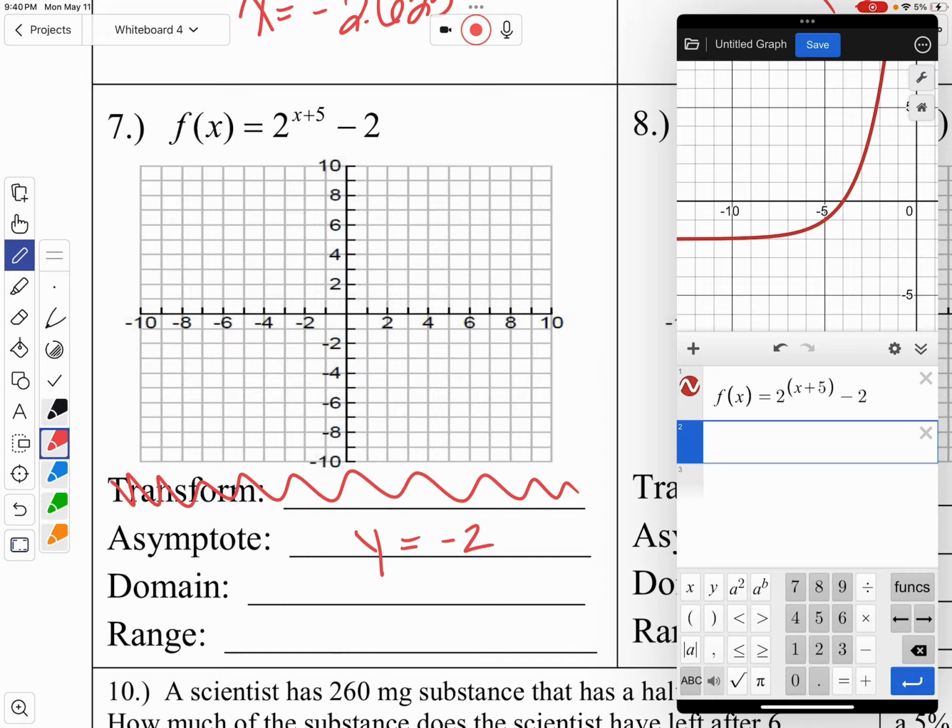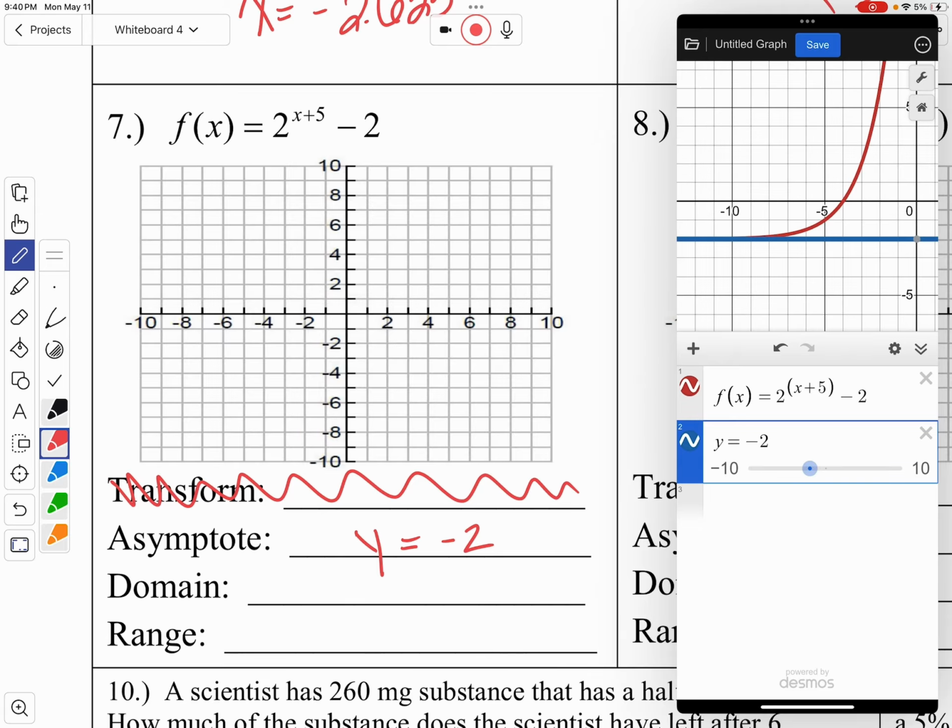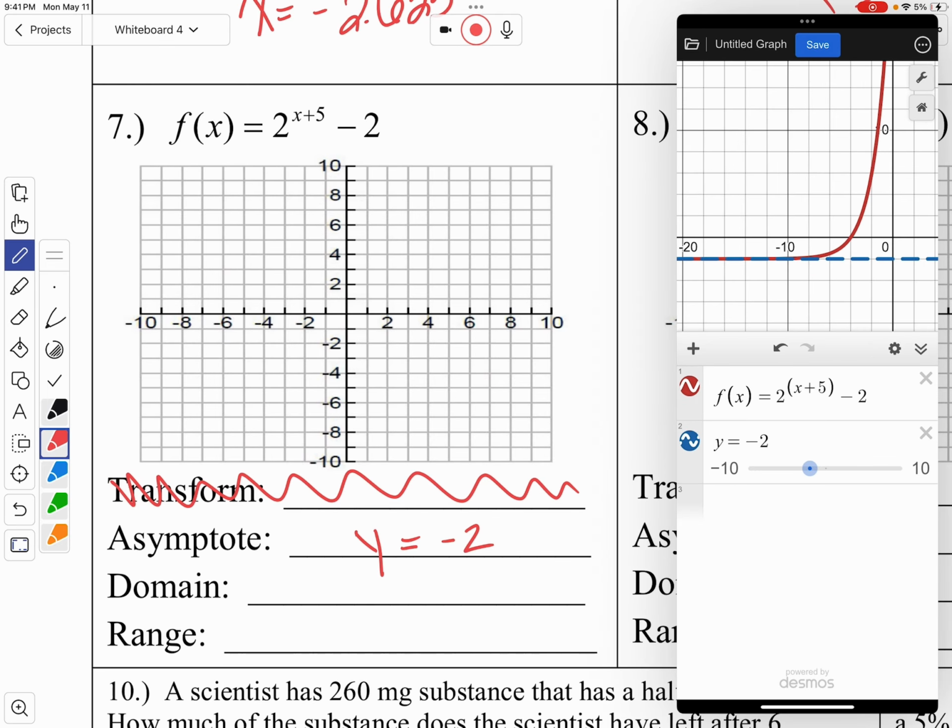If you need to just double, triple check, you can always graph them and you can see, oh, look, it kind of goes flat right about there. I'm going to change this to a dashed line so it's easier for us. But we can see that the blue is an asymptote and our graph is curvy. So it flattens out right there, so there's where the asymptote is.